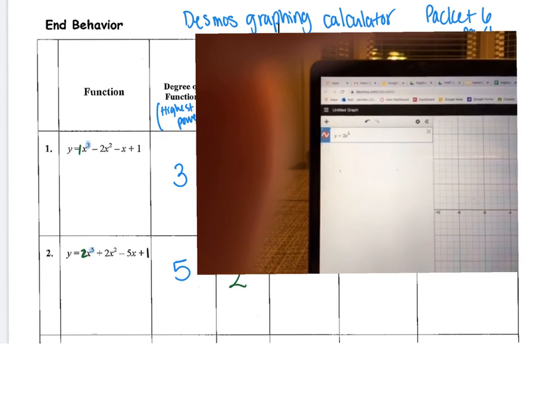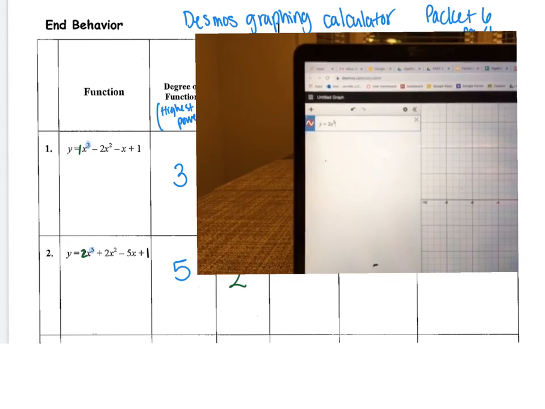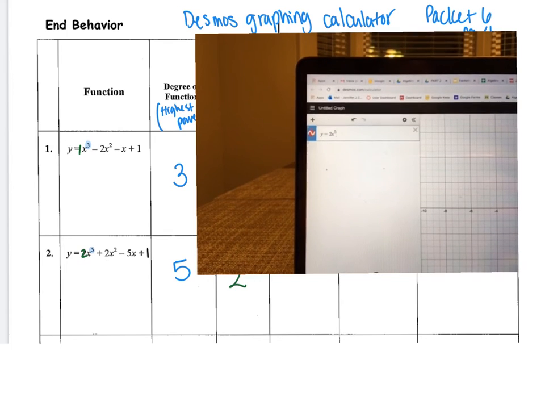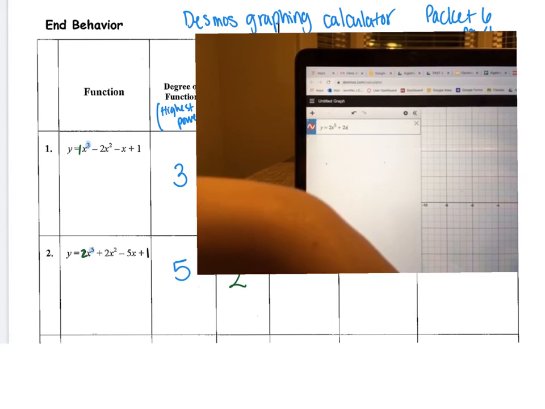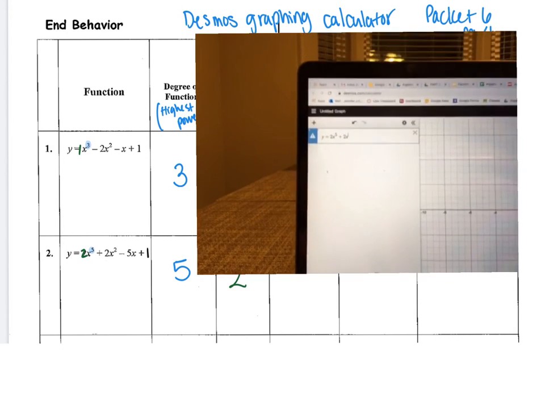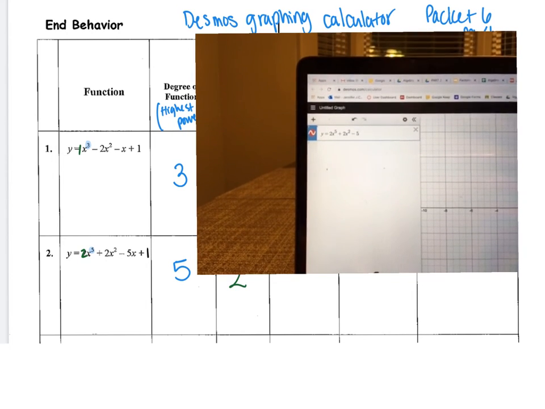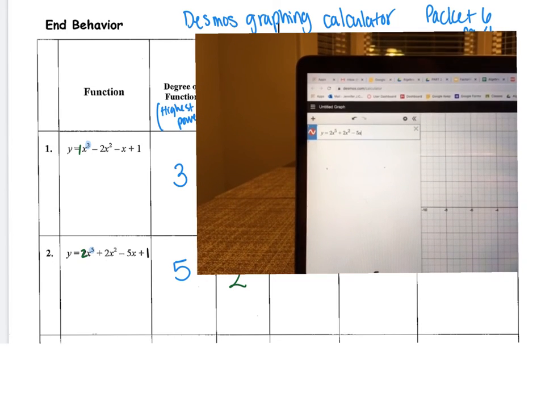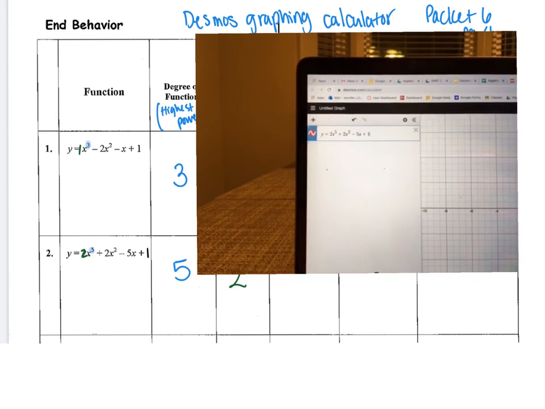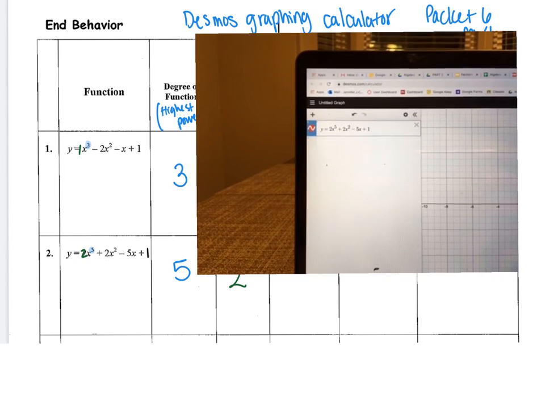Then I'm going to come down using the control pad, and put in plus 2x, then shift 6 again, squared, and then a minus 5x plus 1. And I think that is it. Yeah, that looks good.